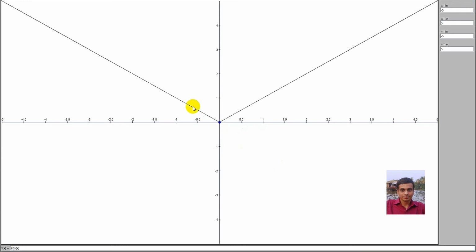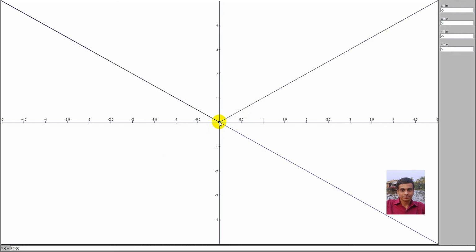And what happens if I try to achieve the limiting position through the left, which we may call the left hand derivative at x is equal to 0? Again there is a sudden change. So neither from left nor from right could the limiting position of the secant line be achieved. As such, no tangent line can be drawn to the function mod x at x is equal to 0.